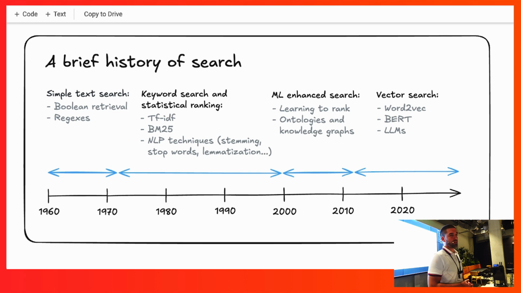And from 2013, I would say we have a new era of search with the development of some advanced NLP models like Word2Vec, BERT, transformers, and today we have LLMs.